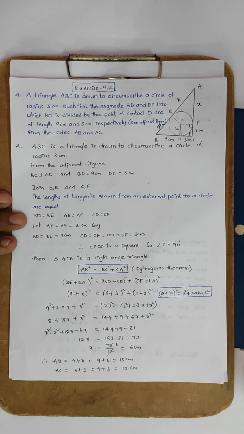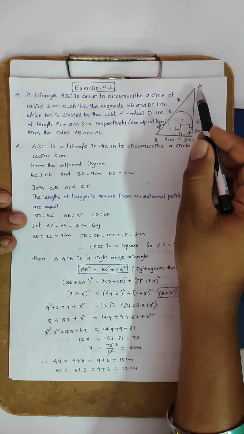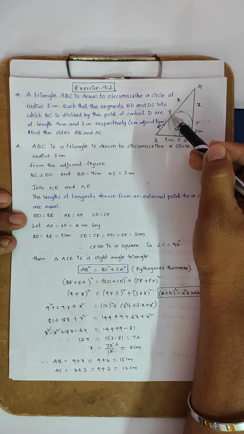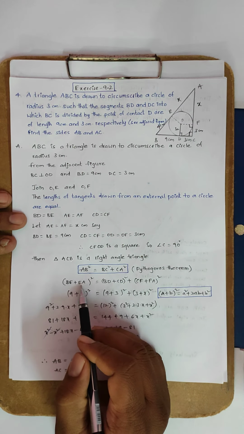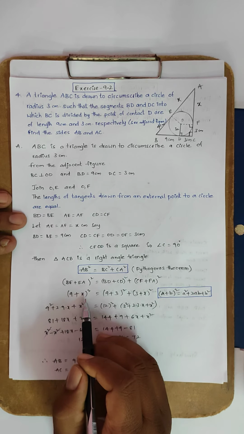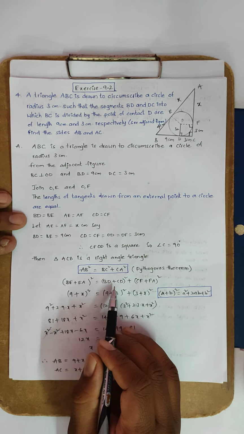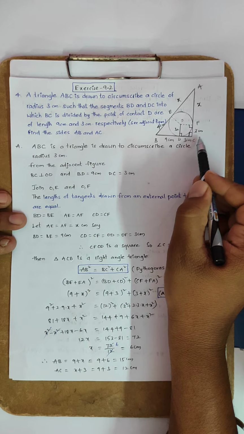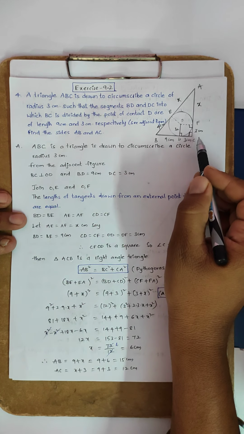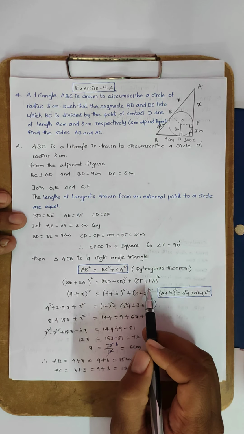Here the value of AB, from A to B, is AE plus EB, or BE plus EA, all the same. So (9 plus x) whole square is equal to (BD plus CD) whole square plus (CF plus AE, that is FA) whole square.